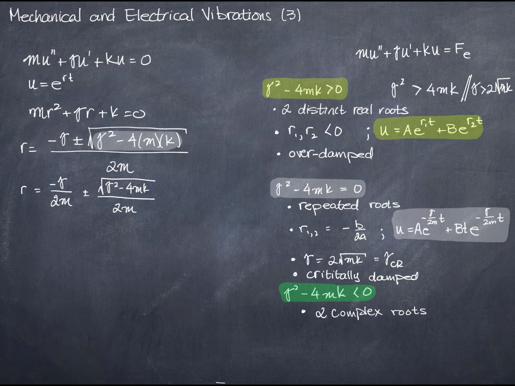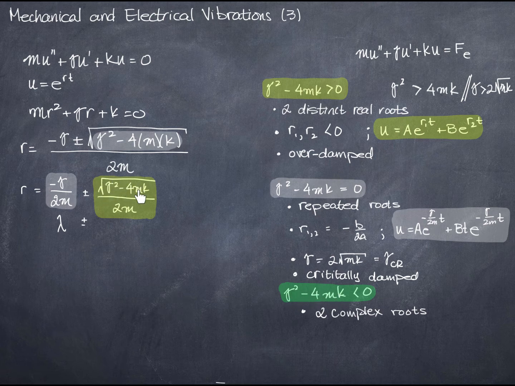So if I choose to call this value here lambda, yet another Greek letter for you, and I will call this value here, now this is going to have an i in it because I've said in case 3, this thing right here, the discriminant, the thing under the square root, is negative.